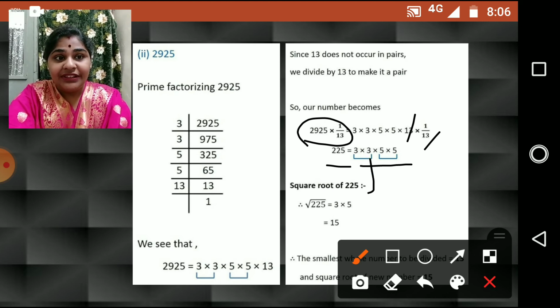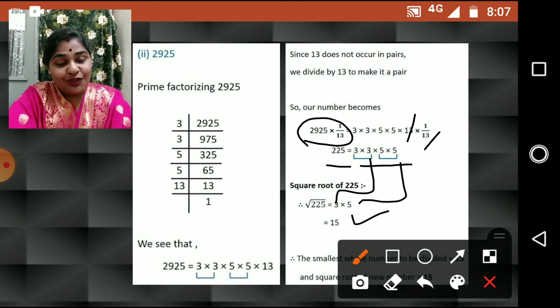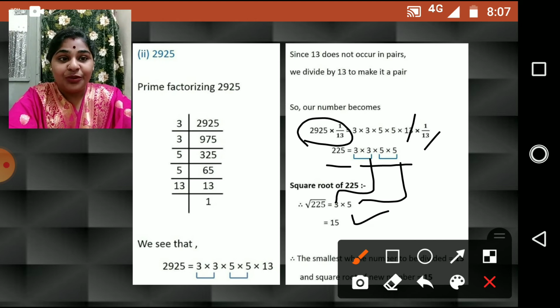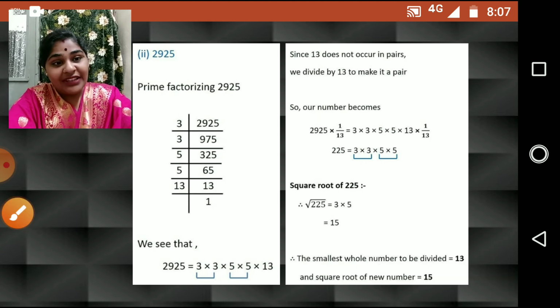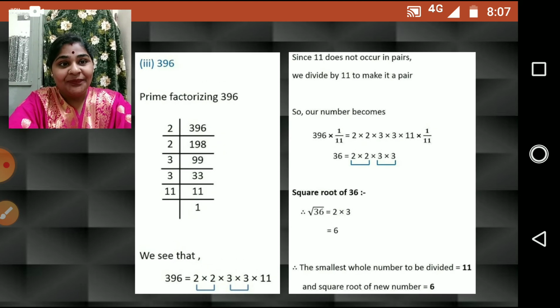So taking 3 from this pair and 5 from the second pair, 3 into 5 is 15. So 15 is the square root of 225. So you will write the answer. Smallest number to be divided is 13 and square root of the new number is 15. Square root of 225 is 15.